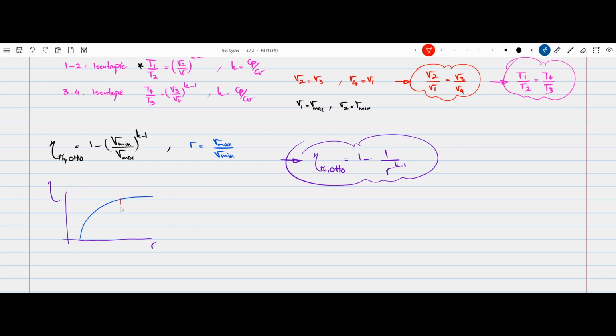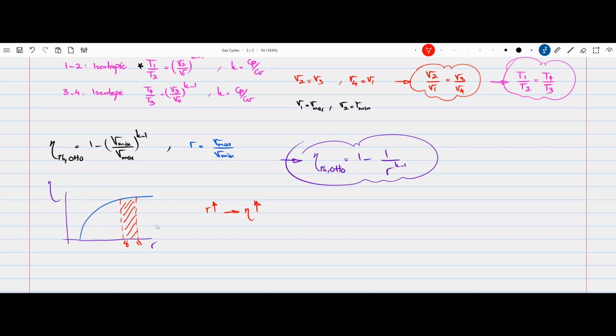Now, typically, modern engines are designed with an R in the range of 8 to about 11. So by looking at this equation and this graph, one would wonder why not increase R as much as we can? Because when we increase R, the efficiency also increases. This is true if you look at this equation and this graph only.